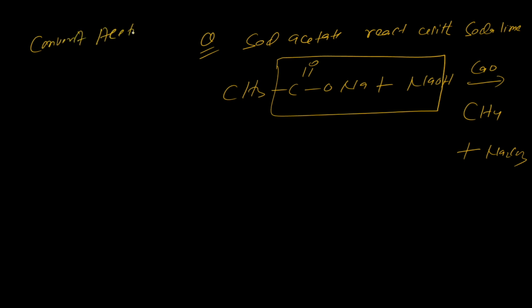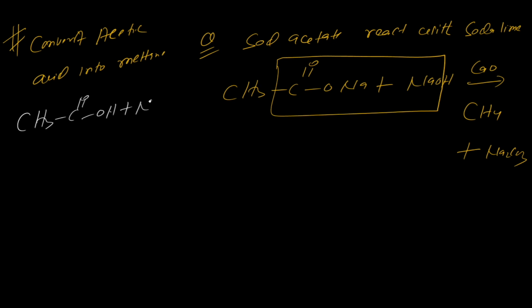Another type of question can arise from here, like convert acetic acid into methane. There are some steps you have to follow. First, take the acetic acid, then react it with sodium hydroxide. It will give you sodium acetate, CH3COONa, plus H2O as a byproduct.